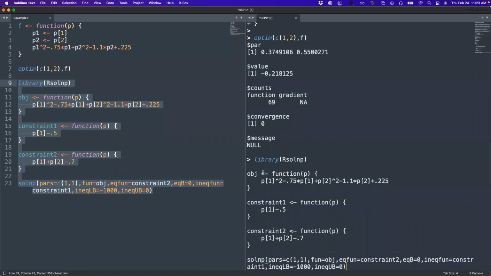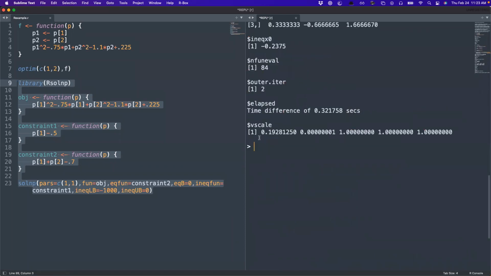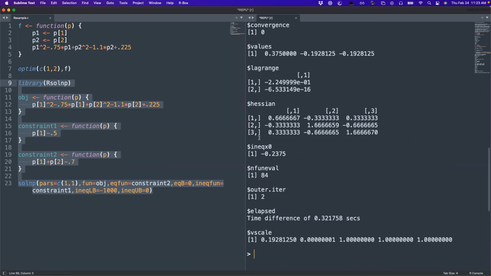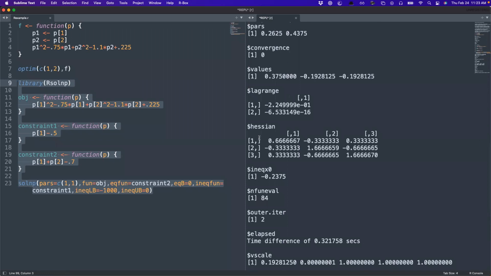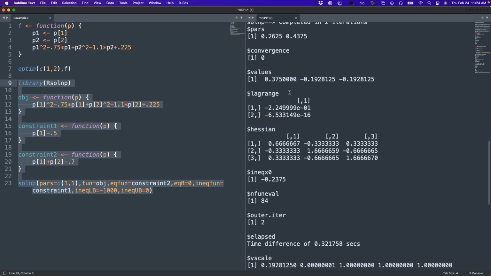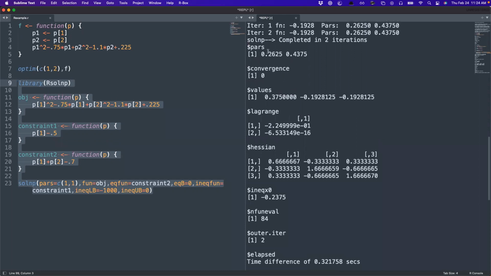If I run this code, it'll actually tell you the Lagrangian values, so 2.25, which is what we had before, and then our parameter values will be 0.2625 and 0.4375.